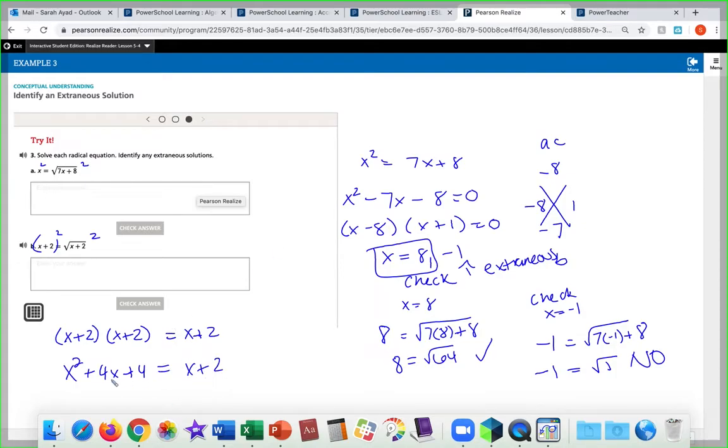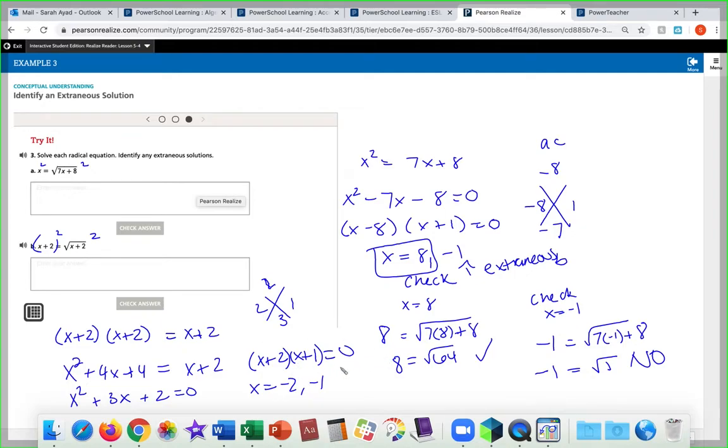I'm now going to get this equation equal to 0. For x squared, I'm going to subtract x over, so that gives me 3x. I'm going to subtract 2 over. Now what multiplies to 2 adds to 3? 2 and 1. So I get x plus 2, x plus 1 equals 0. Therefore, x equals negative 2 and negative 1.